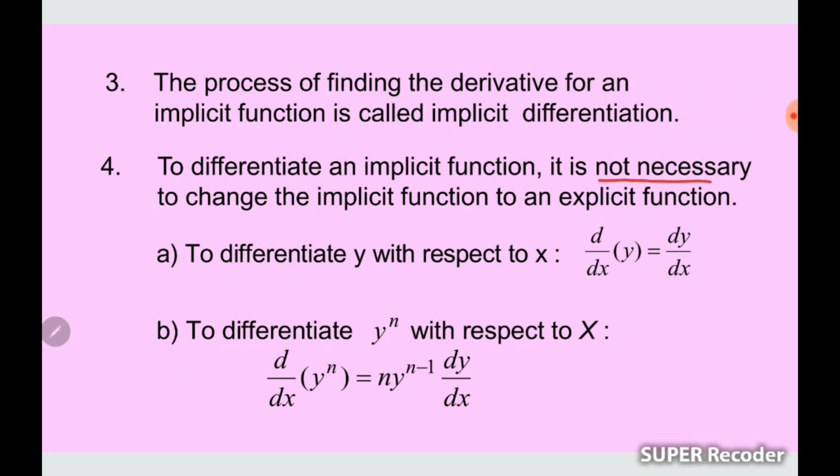It's not necessary. To differentiate y with respect to x is d/dx of y, that is dy/dx. To differentiate y to the power of n with respect to x, d/dx of y to the power of n, we have to bring n in front, multiply with y to the power of n minus 1.